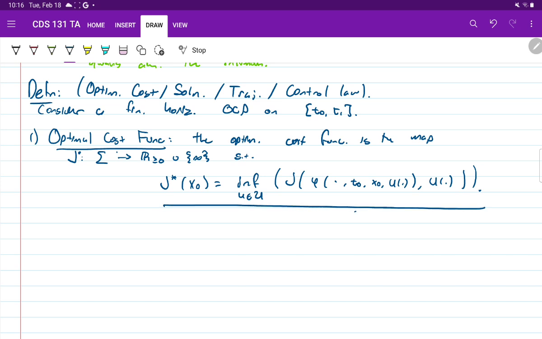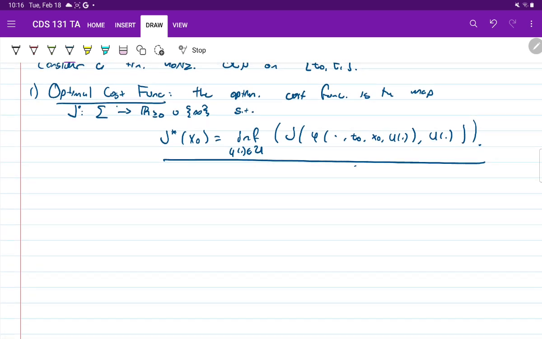Okay? So what this is equal to is directly the actual value of the infimum for a given initial condition. Let me make extra clear that this is a signal. Okay. So that's the optimal cost function, right? It takes in my initial condition and returns the optimal value of the problem for any initial condition. What else do we have?